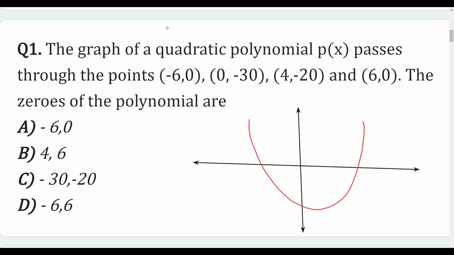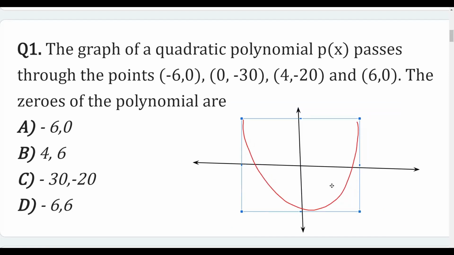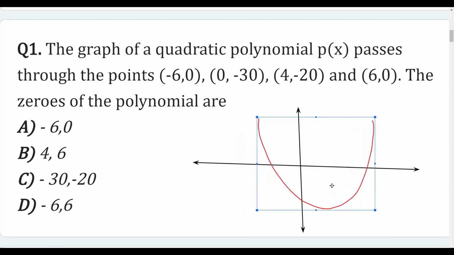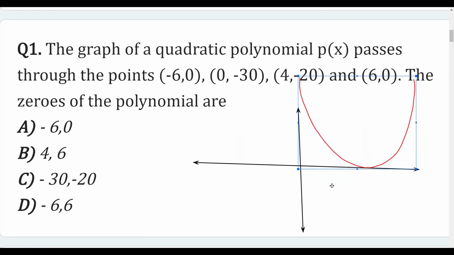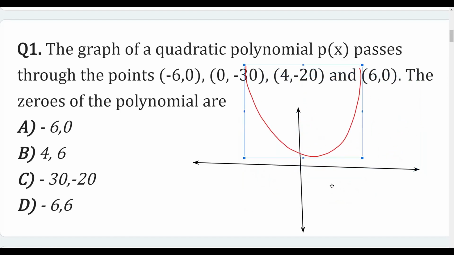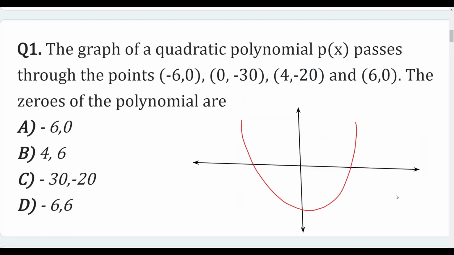A quadratic polynomial can have a maximum of 2 zeros. At this point it has 1 zero, and here it has no zeros, so it depends on the number of times it touches the x-axis. Now let's locate the given points. This one lies on the x-axis, somewhere here, (-6, 0).